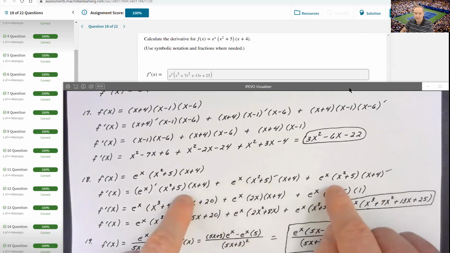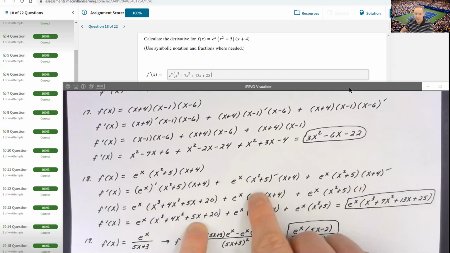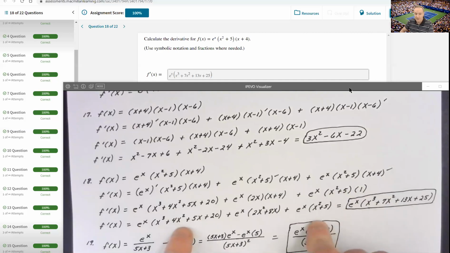Now, the only thing I did from the third step to the fourth step here was I distributed my 2x through this group, and I had my 2x squared plus 8x. Everything else pretty much just pulled down from the previous step.